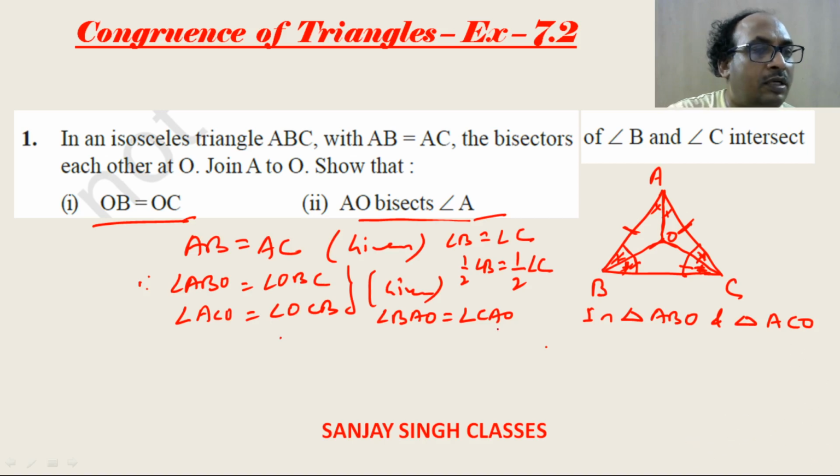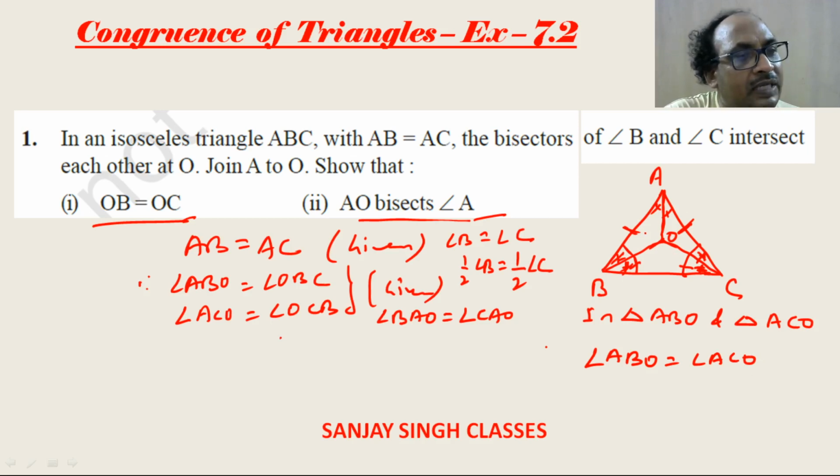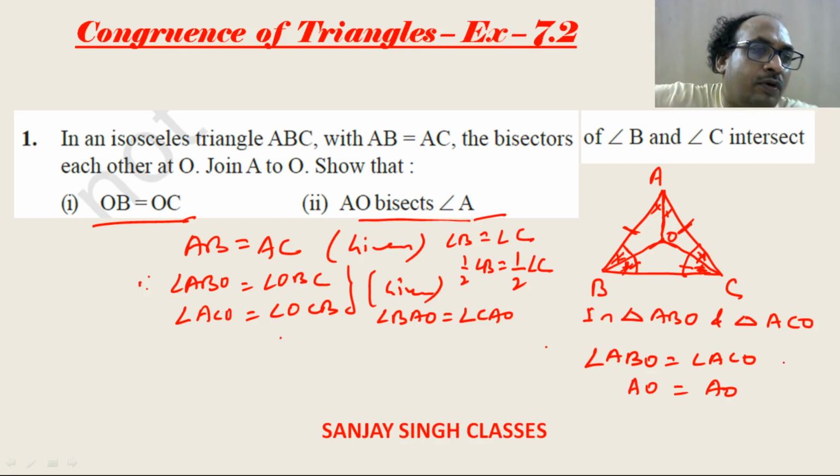Okay, so what will we be going for? We can see that angle ABO is equal to angle ACO. Okay, right? And then we can say that OB is equal to OC, and AO is equal to AO, and one more angle if we can go for. So which angle can we make?